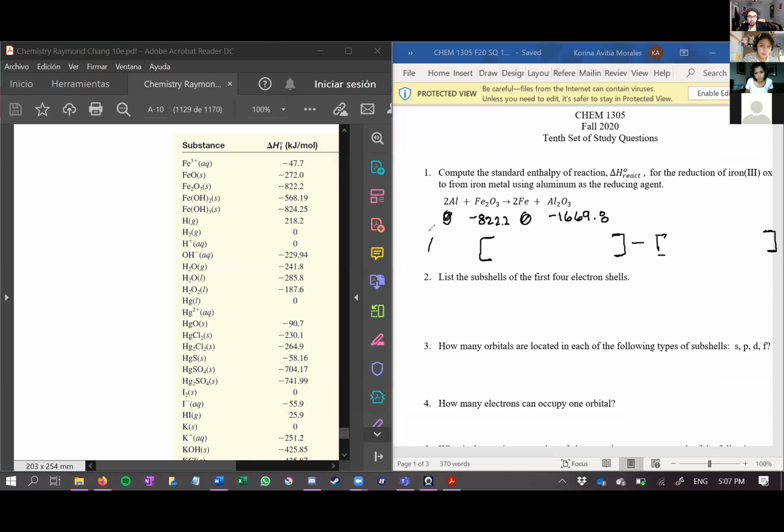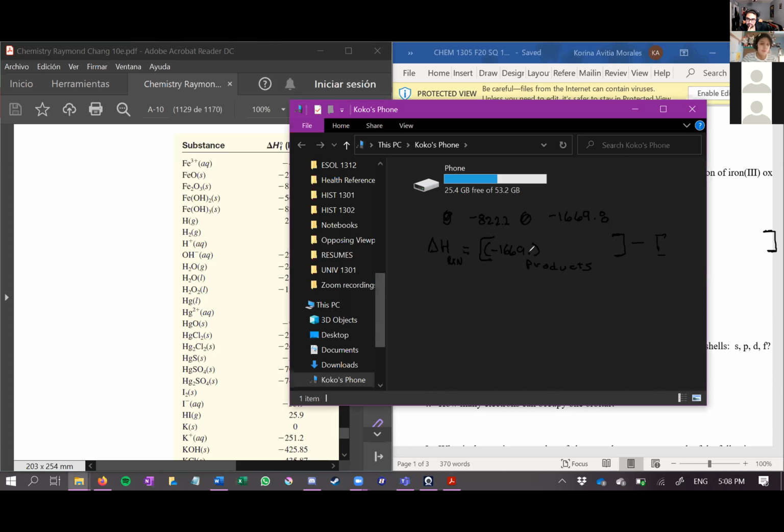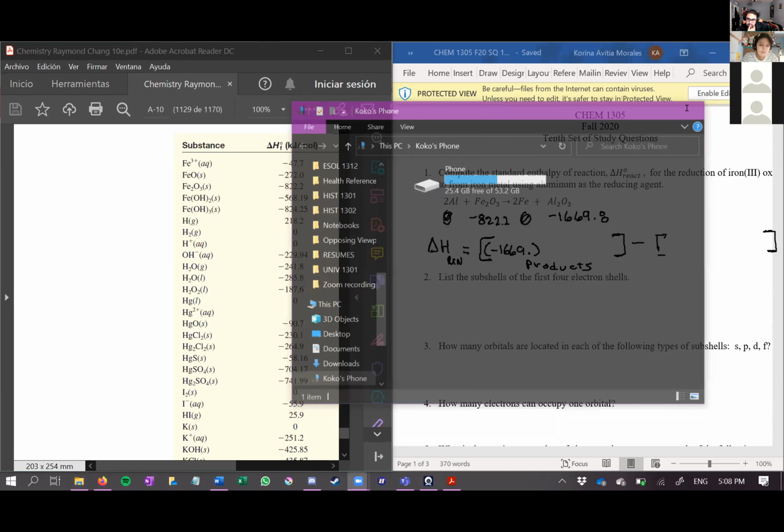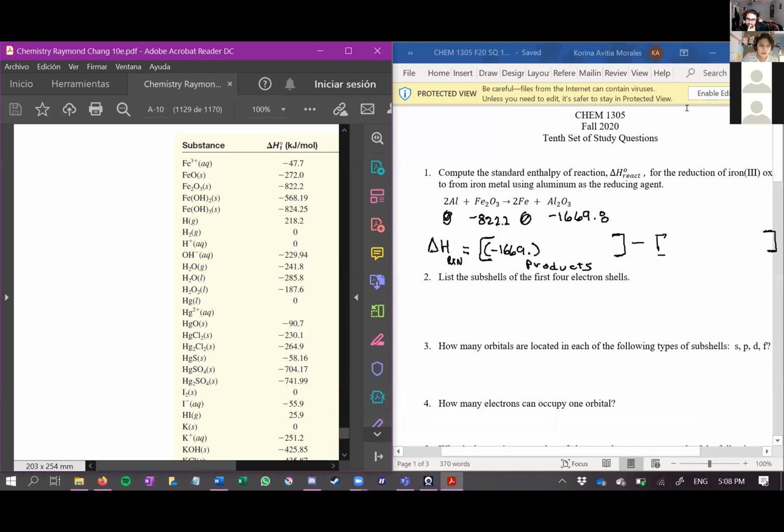Okay, what are we going to put here? This is the delta H of the reaction. This is for the products, right? So what are we going to add here? Just negative 1,669.8 plus 0, right? 0 times 2 because we have 2 irons, but it's just 0, so no problem with that.